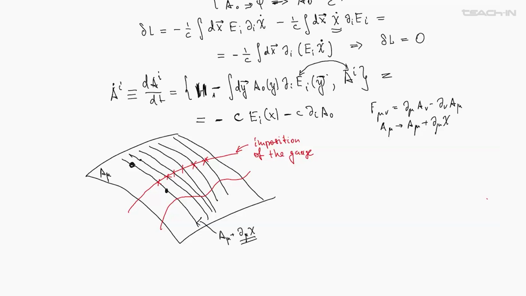Now, what are the popular or important gauges which people are using? One of them is the Coulomb gauge, which I probably already mentioned.